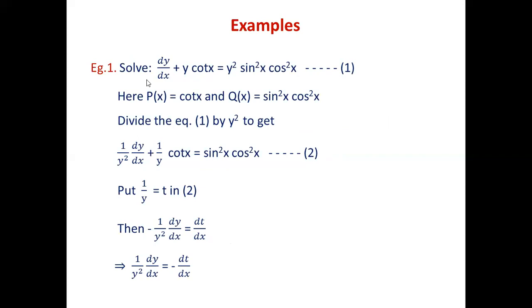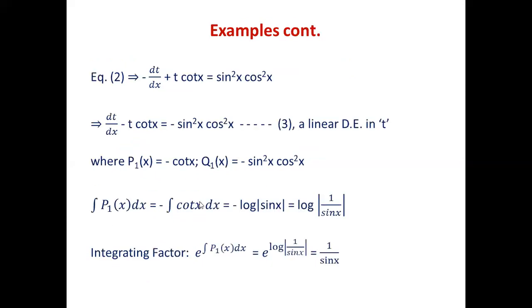In order to reduce the Bernoulli's differential equation to a linear equation, what we did is we divided the equation by y power n, that is y square, and we replaced the coefficient of p of x, that is 1 by y, by t. Now you have a linear differential equation in t.